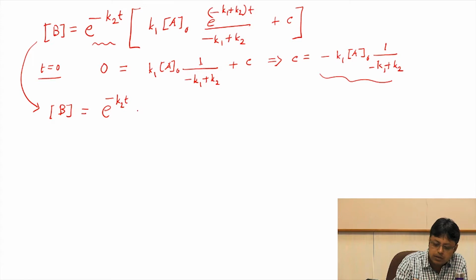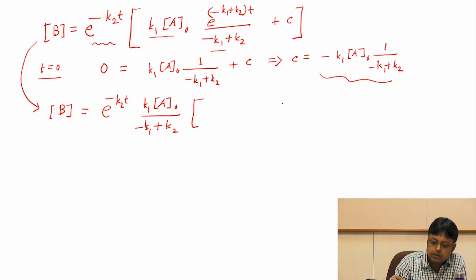I'll just write k1 into a0 divided by minus k1 plus k2, and then inside bracket, which was for c actually, I'll have minus 1 here, and inside bracket I have e to the power minus k1 plus k2 into t.